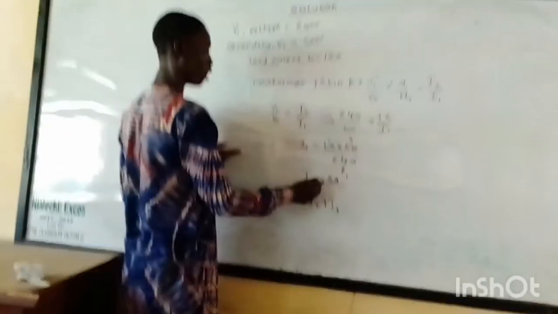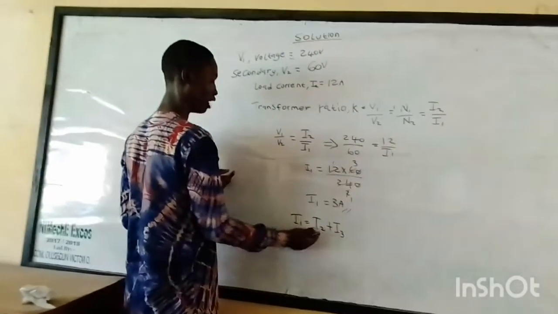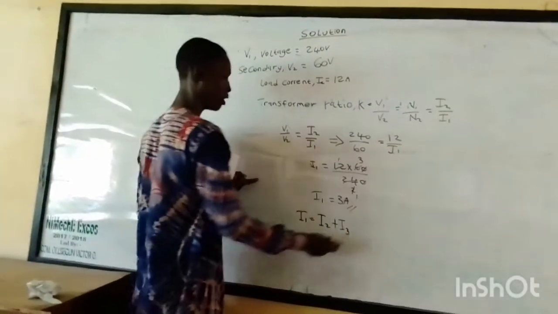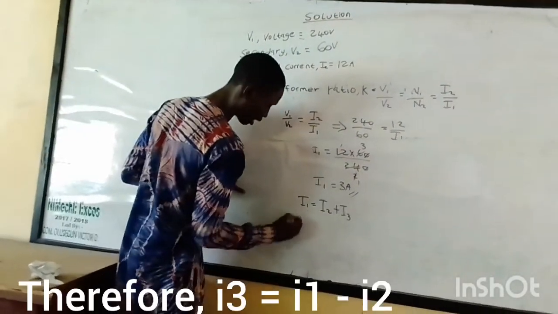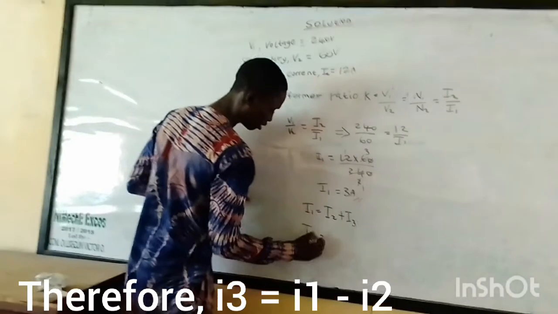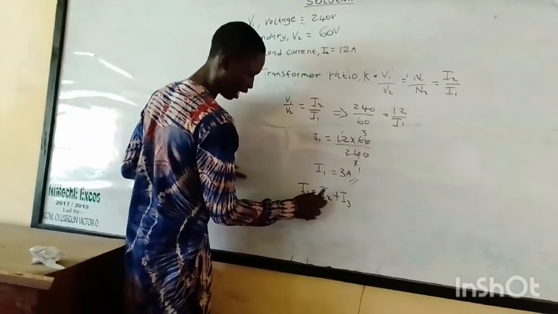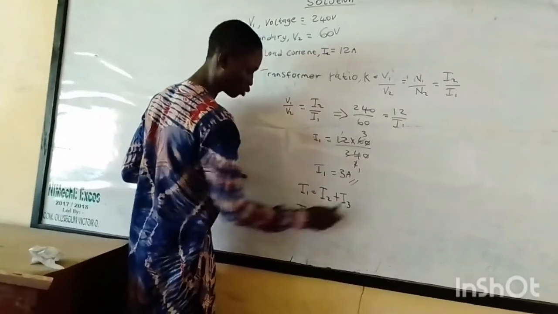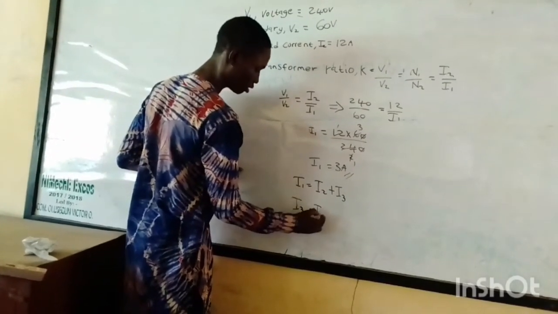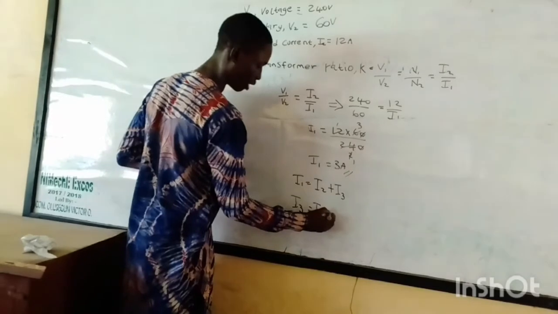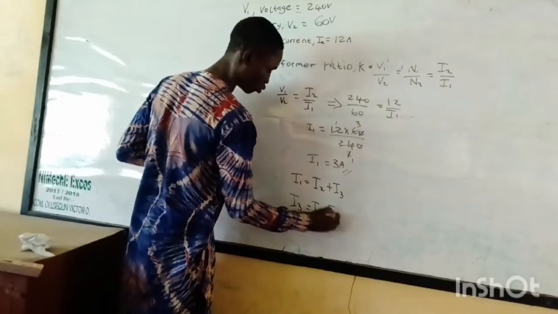We have I1 and we also have our load current, which is I2, but we don't have I3. So I make I3 the subject of the formula. I2 will move to the other side, so I3 equals I1 minus I2.